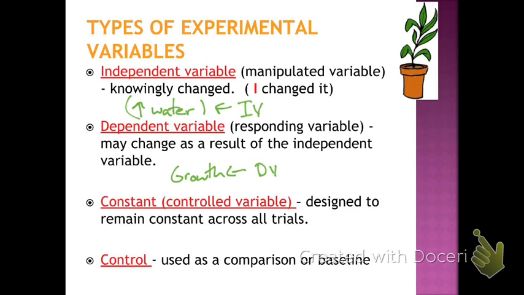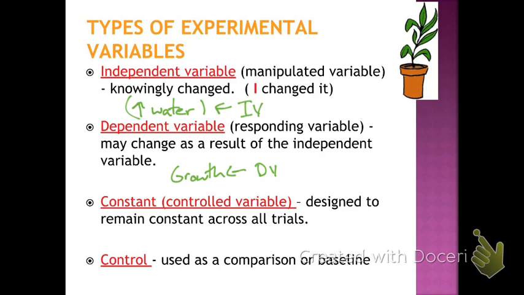All right, so those are our two main variables. If we increase water, that's something we can change. And then if we have growth, that's the dependent variable. That's the result that we're looking for. If we change this, then we hopefully have more growth.